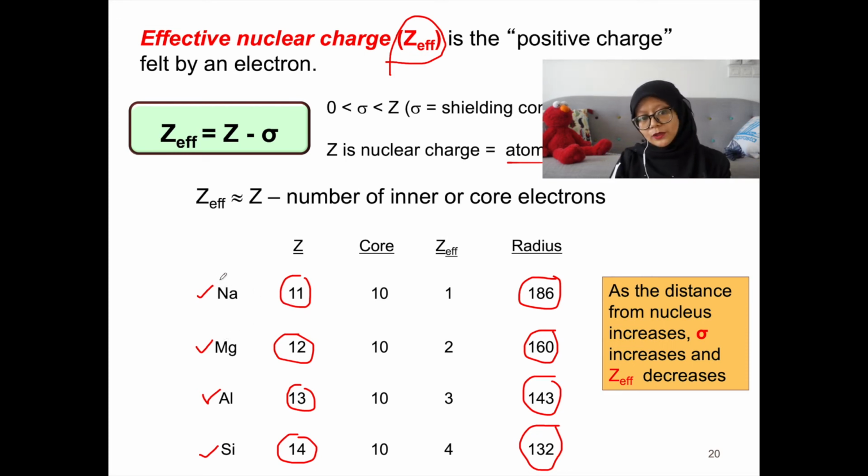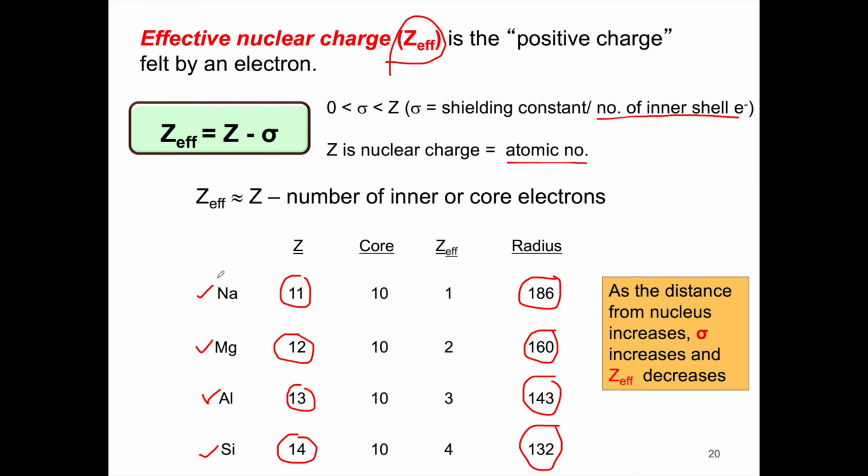First one, sodium. How to determine this effective nuclear charge? For sodium, the atomic number is 11, the core number here is 10, and the Z effective is 1, and the radius is 186. Then we have magnesium, atomic number 12 minus 10 core electrons, we get 2, followed by aluminium, Z effective of 3, and last but not least, silicon, 4.